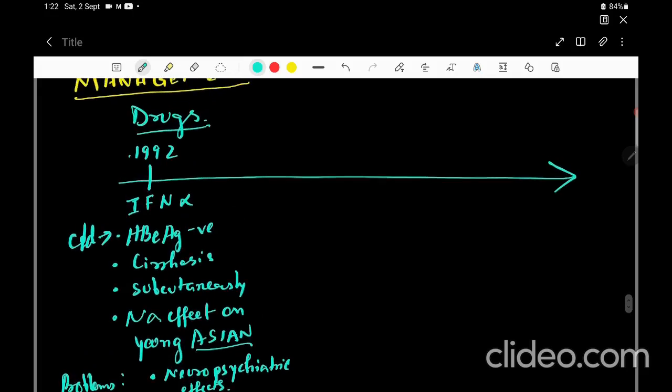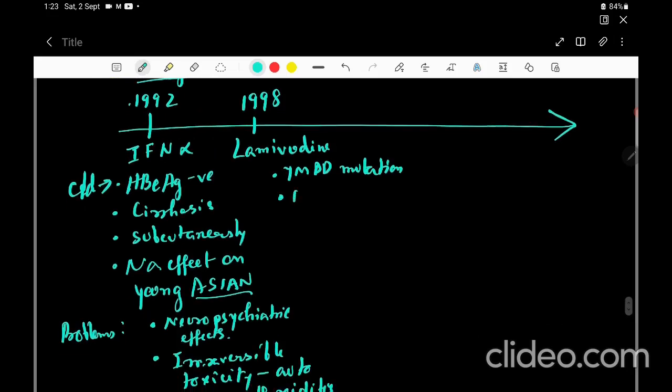Then around 1998, we started using lamivudine, but the thing was, there was YMDD mutation seen after 3 to 4 years, and this became resistant.